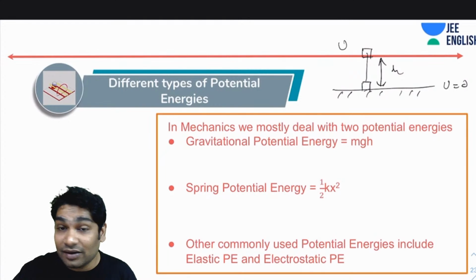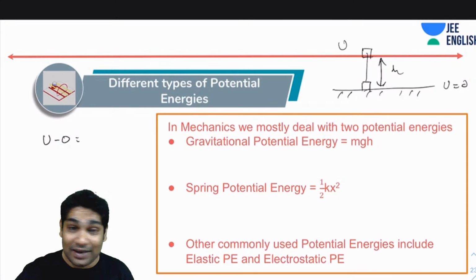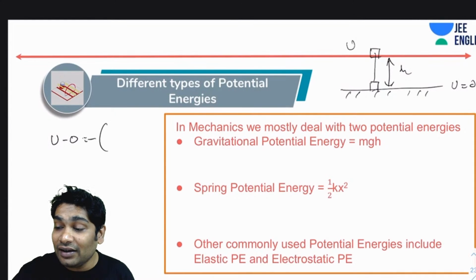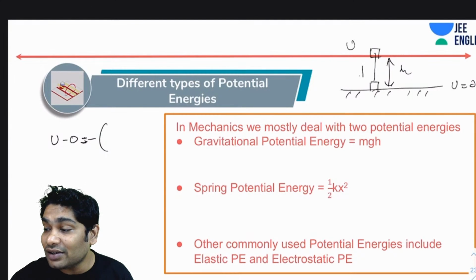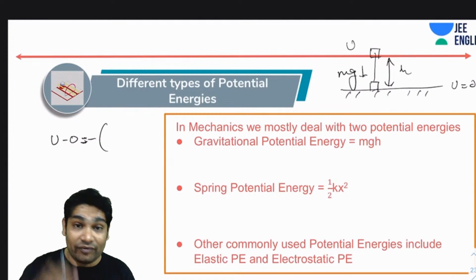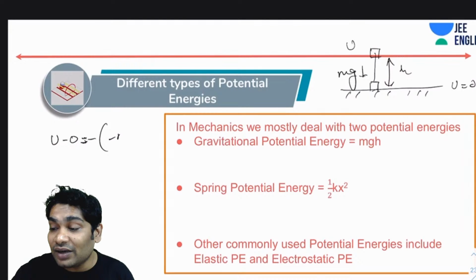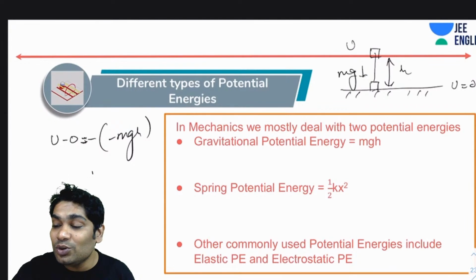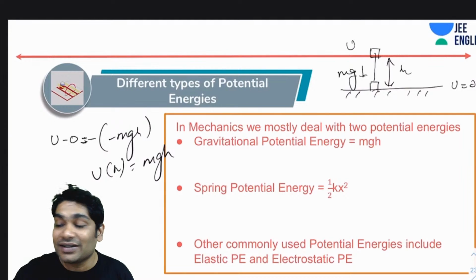I can use my expression: u minus 0 should be equal to minus times the work done by gravity. And what is the work done by gravity? Work done by gravity would be minus mgh. Why? The entire duration, the force of gravity is acting downwards and I'm displacing the object upwards, so the work comes minus mgh. So u at a height h can be defined as mgh.